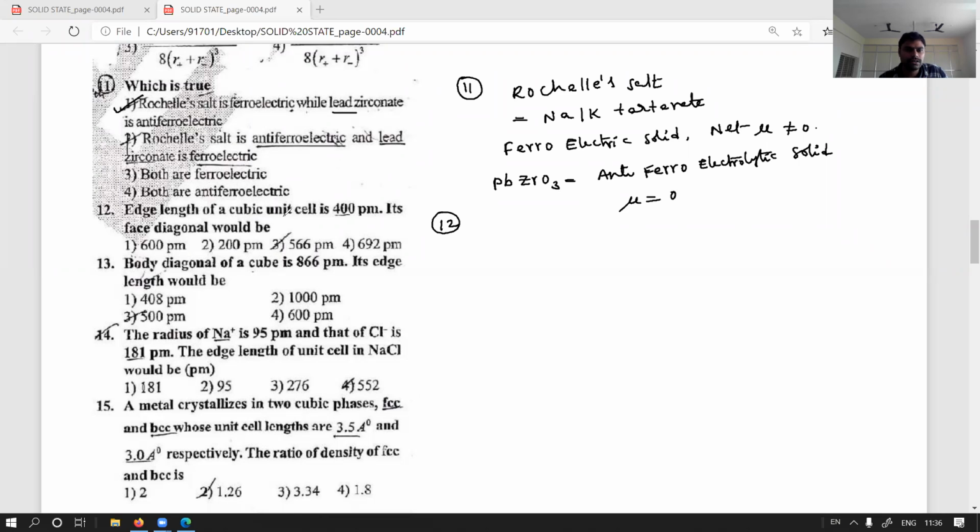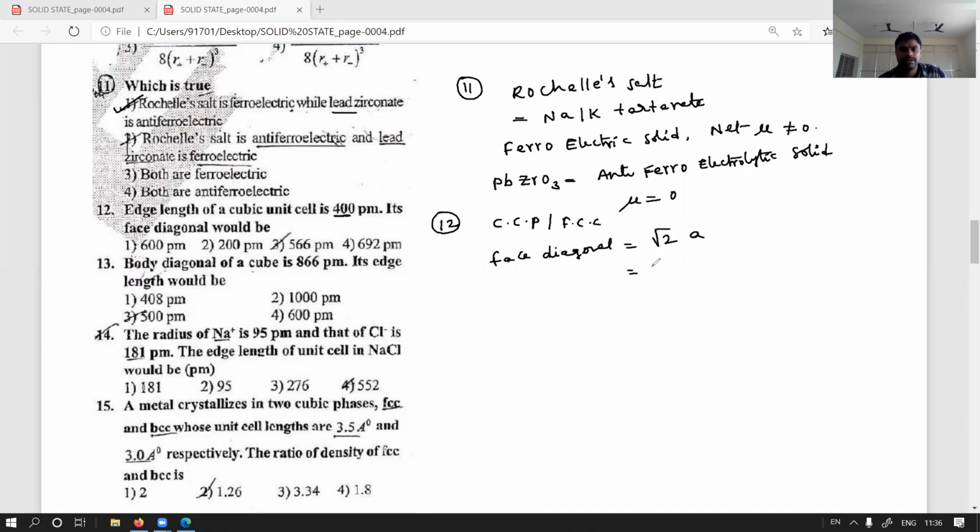The edge length of a cubic unit cell is 400 picometers. Its face diagonal is asked. Edge length of cubic unit cell means CCP or FCC. Face diagonal is equal to root 2a.